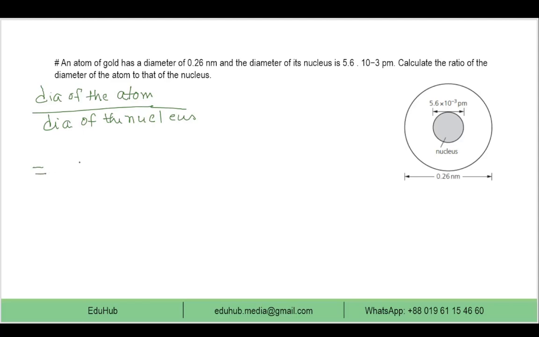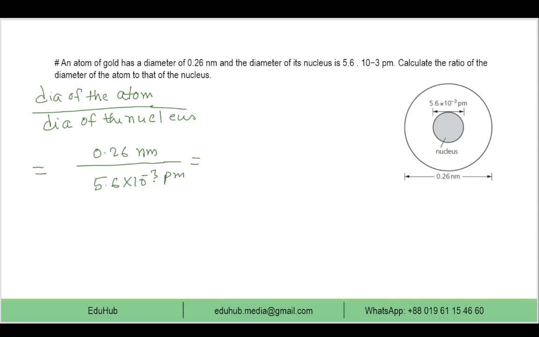So here dia of the atom is 0.26 nanometer and the dia of the nucleus is 5.6 into 10 to the power minus 3 picometer. Now we have to express both numbers in the same unit, either meter, or nanometer, or picometer, or any other unit.